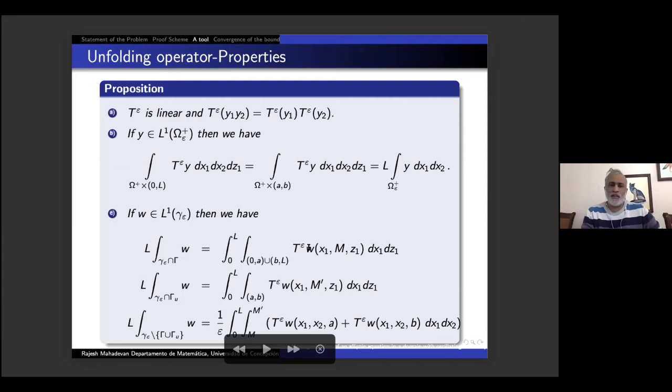The integral of the unfolded function on the flat parts is the same as the integral of the function on the flat part multiplied by L. But if you have oblique or vertical parts, then the integral of the unfolded function has the following relation with the integral on the vertical parts of the original function.